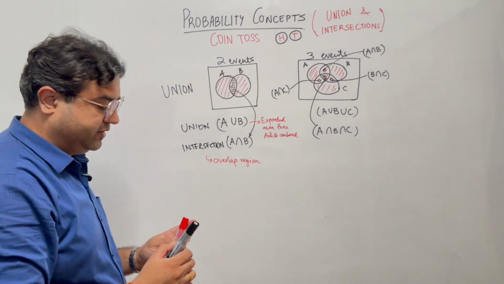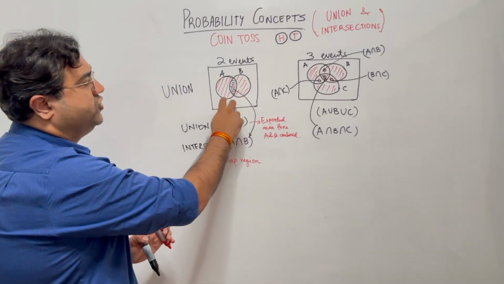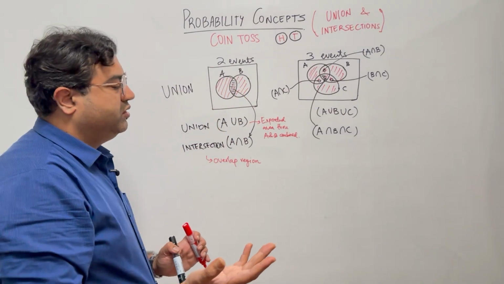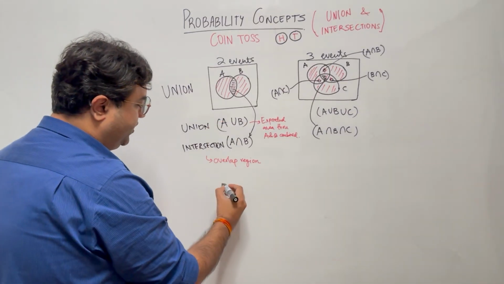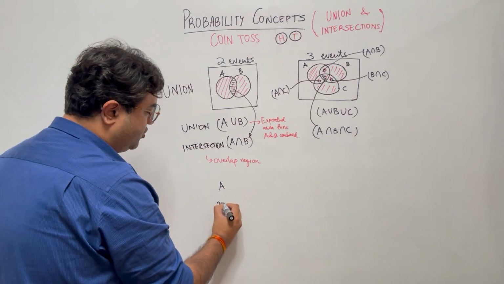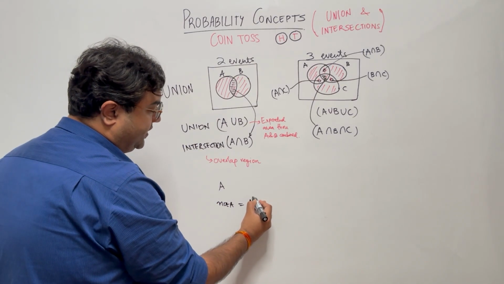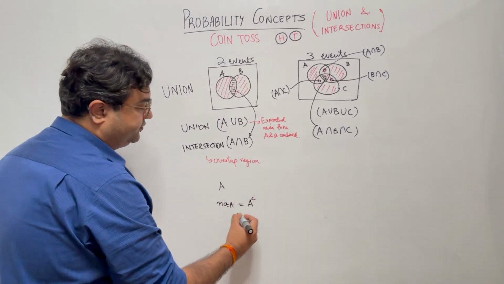Next, let's see what else we can learn from here. In two events, you have A here. If I ask you what is not A, it is shown as A complement.